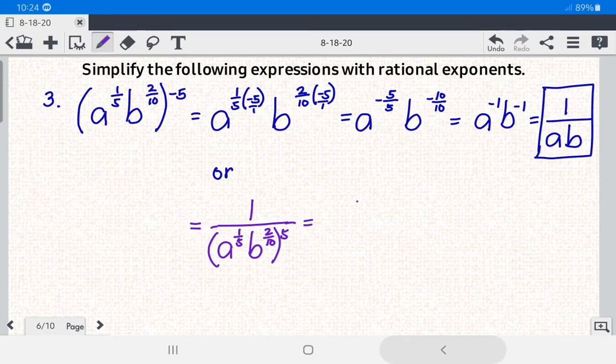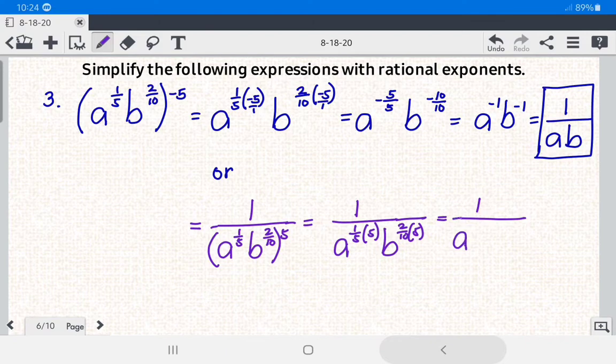Okay? Then, we have 1 over, using the power rule of exponents, a raised to 1/5 times 5. Then, b raised to 2 over 10 times 5. Same procedure. So, we have 1 over a raised to 5 over 5, right?